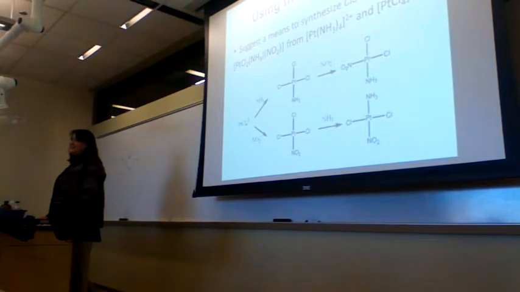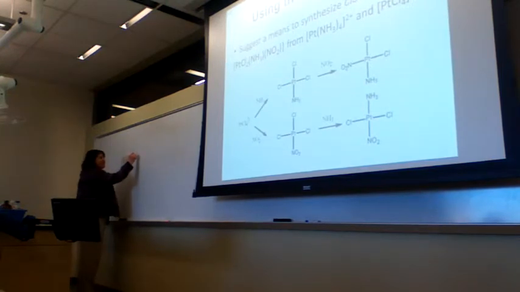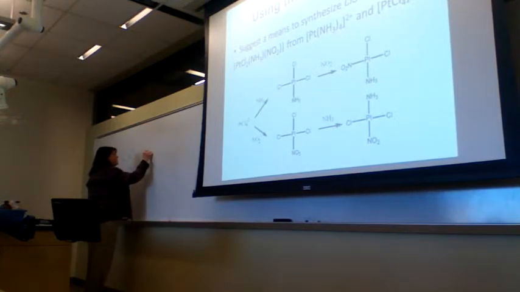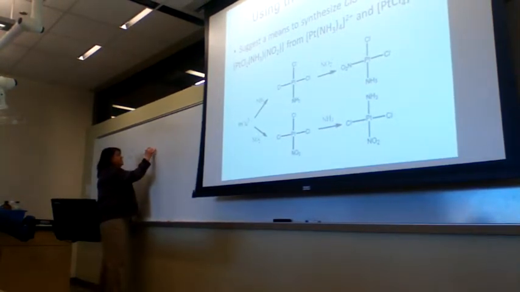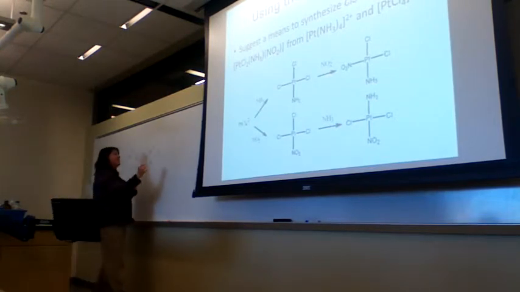Okay, so we got two different ligands. We can either throw in chlorine or the nitro. You go and throw in the chlorine. The first time that it substitutes, then now you're going to use the trans effect of the chlorine to place the other chlorine opposite.